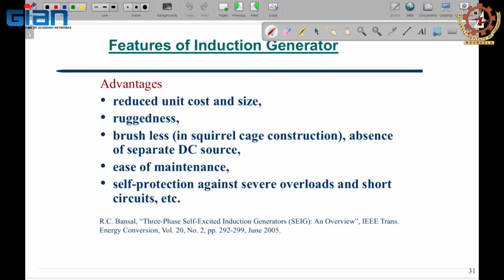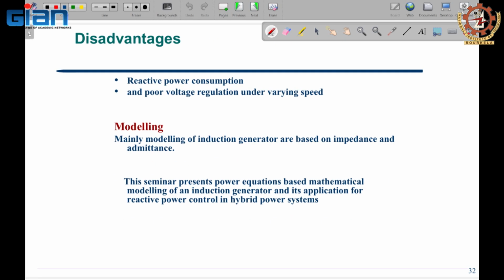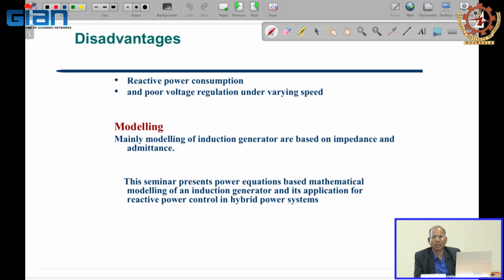I wrote a review paper long back, around 2005. It was very popular at that time, and I think it has achieved good citations, maybe 700 or something like that. Some of the issues with the induction generator: it requires reactive power support for its operation.